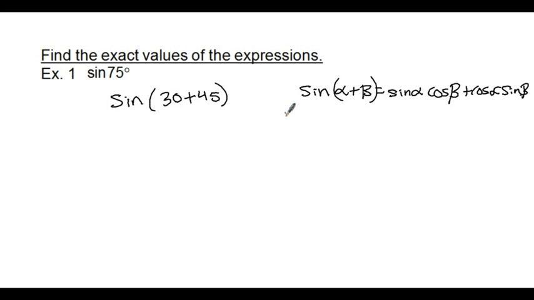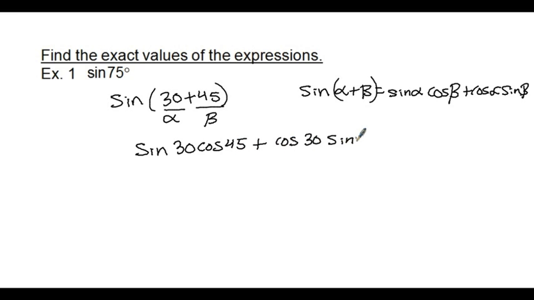Okay, so I'm going to follow that rule and apply it to this. This right here, the 30 is my alpha, and the beta is my 45. So I'm just going to take it and fill it in. Sine of 30 cosine of 45 plus cosine of 30 times sine of 45.